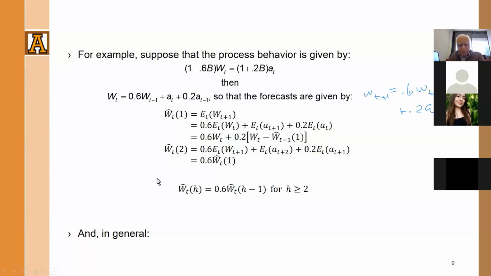Teacher, could you repeat why the expected value of AT was that difference? Okay, because remember, we're standing at time T. So at time T, we know what WT is. And the estimate of AT is going to be the difference between the actual value that we observed today minus what we forecasted yesterday that would happen today.